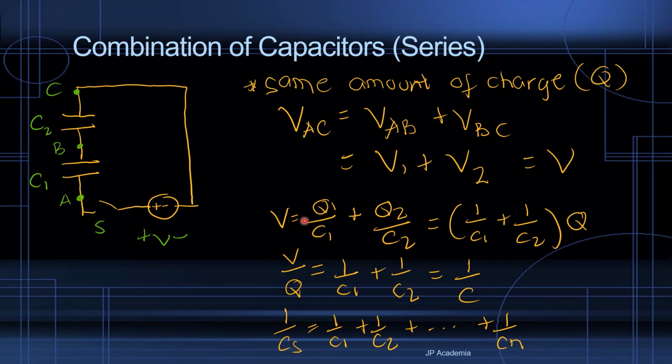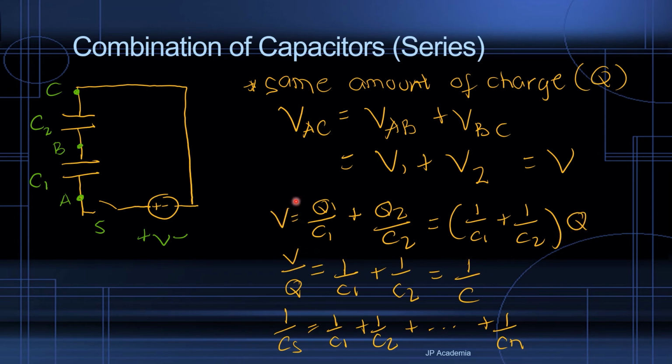So your V is equal to Q1 over C1. So this refers to the potential drop across our capacitor C1, plus the potential drop across capacitor 2. So we have Q2 over C2 for this potential drop V2. Note that for our case, Q1 and Q2 are equal to each other, and we can define that as Q. So therefore, we have this common factor Q, and therefore, we have the following.